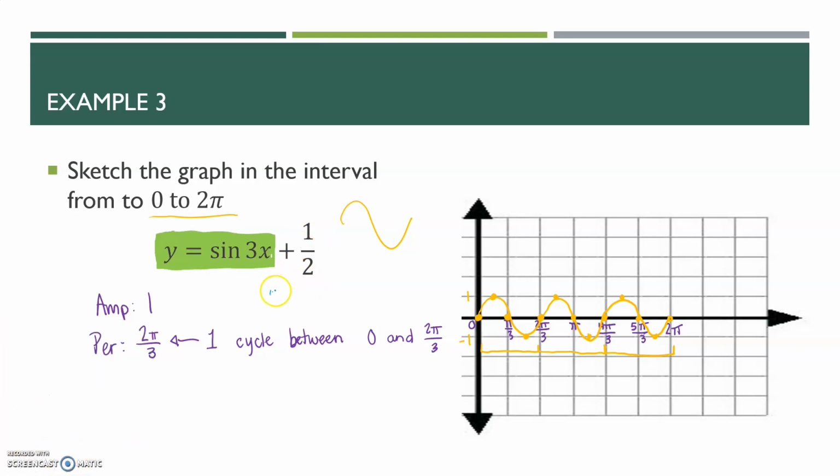This plus 1/2 here is not in any parentheses, so this means that we are shifting everything up 1/2 unit. So I'm going to take each point from the graph and move it up 1/2. And I'm just going to shift everything.